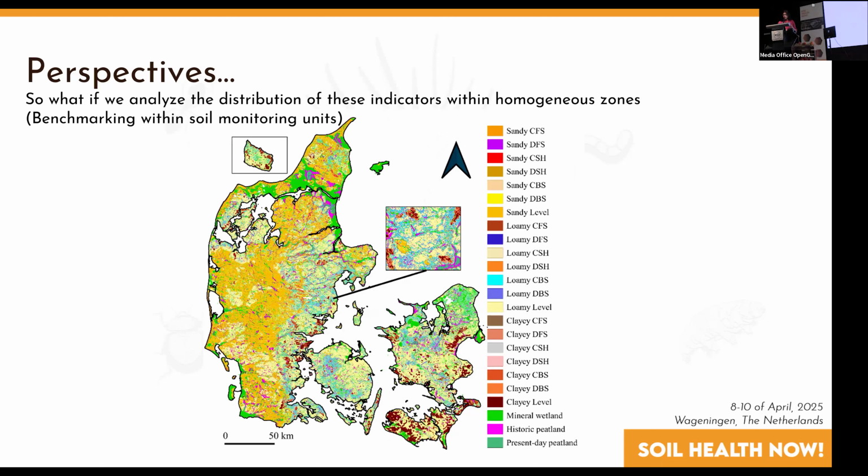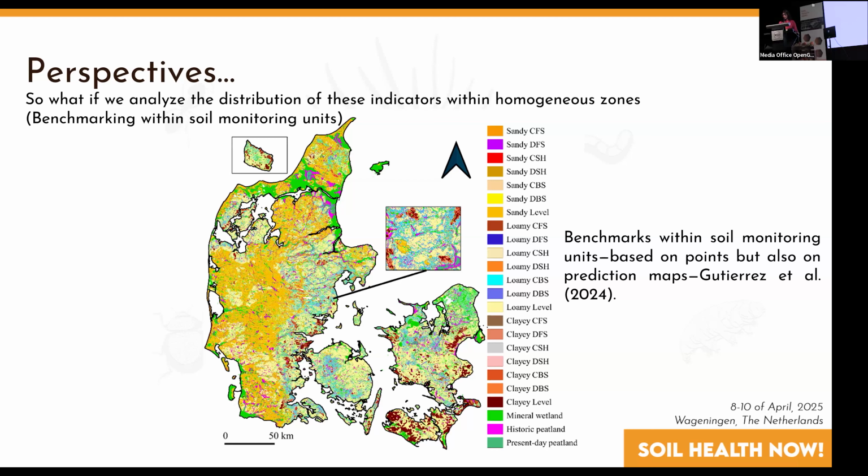Or in other words, what if we benchmark these soil health indicators within soil monitoring units? In previous works, we have generated these soil monitoring units for Denmark, combining texture, landforms and land uses, based on points, but also prediction maps.